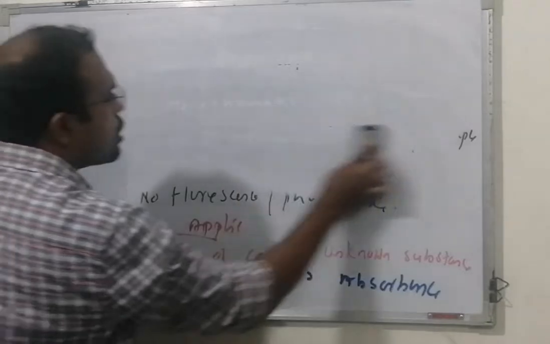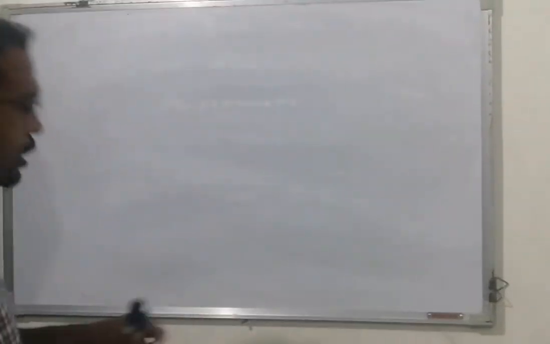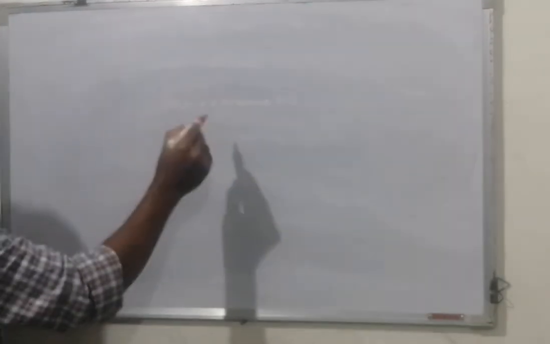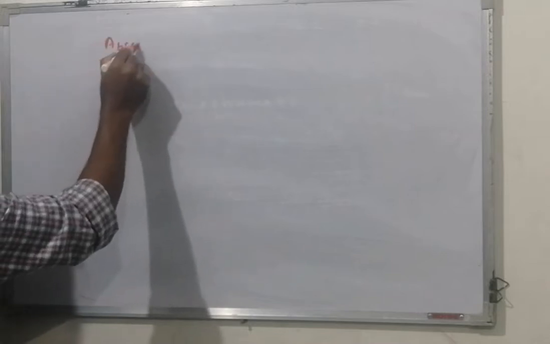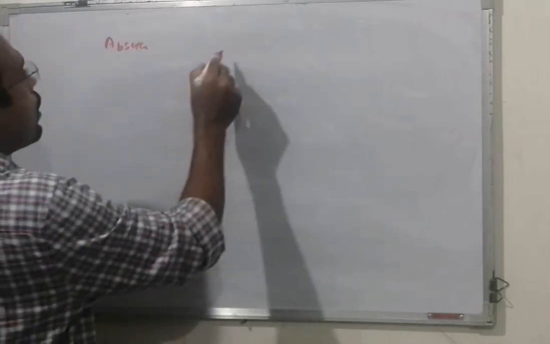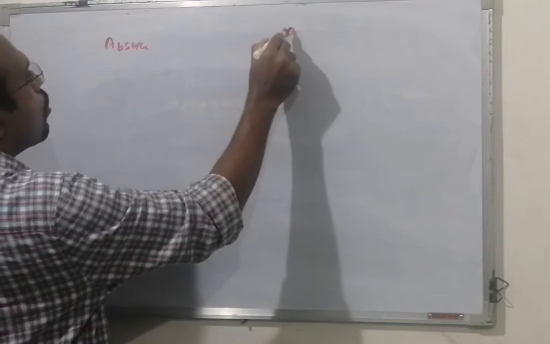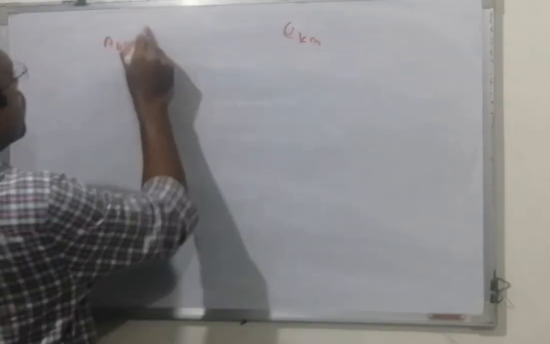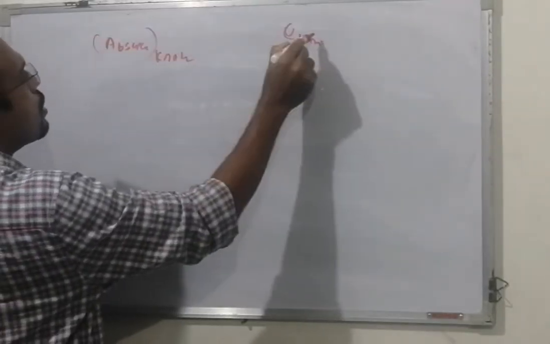What is the logic? I will tell you that logic. Suppose you want to know the concentration of an unknown. For that, first you get the absorbance and the concentration of the known.